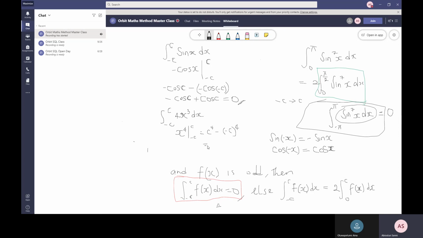So this is going to be equal to c to the power 4 minus c all raised to power 4, which will give us c to the power 4, right? So c to the power 4 minus c to the power 4 is 0. So whenever you have this scenario and your function of x is an odd function, you don't need to do anything. Just say that this answer is 0 and state this theorem. That's why this is actually 0.